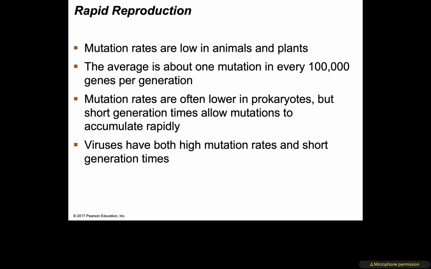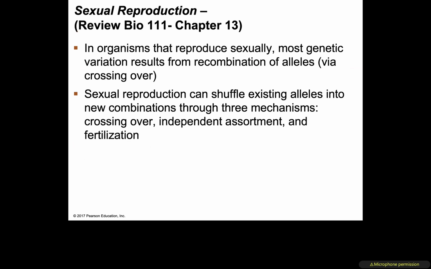That is the reason why. Your viruses have both a high mutation rate and short generation times. So that is why your viruses will mutate so much more than everything else, your eukaryotes, your prokaryotes.